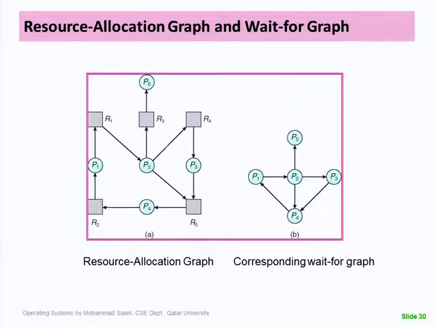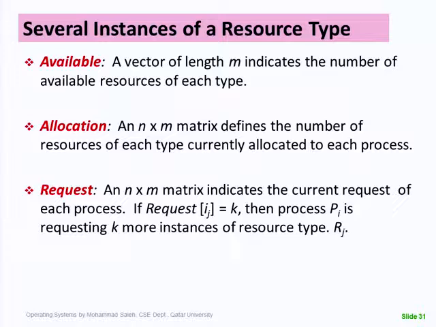I also have another deadlock: P1, P2, P3, P4, back to P1. That's another deadlock as well. So you can identify deadlock and the processes that are involved in it, and based on that, we need to take an action. So we can detect whether we have a deadlock at any point of time.